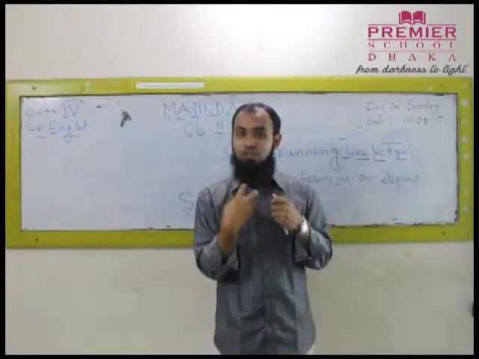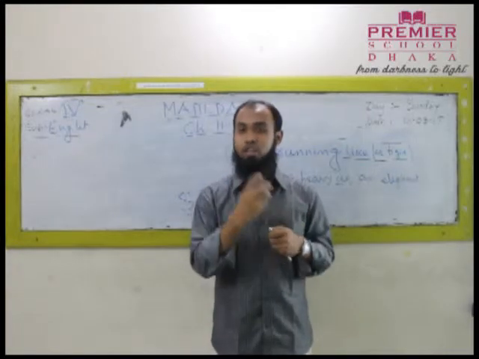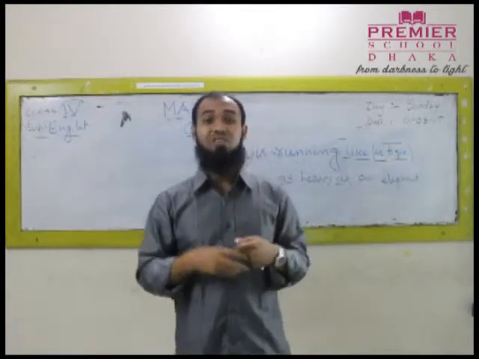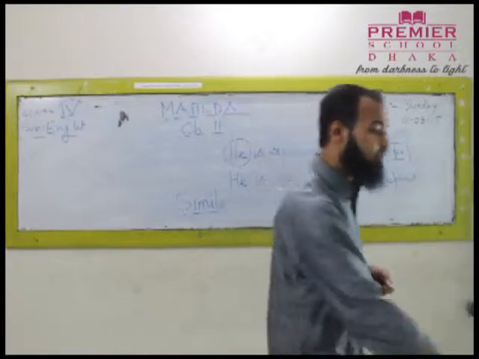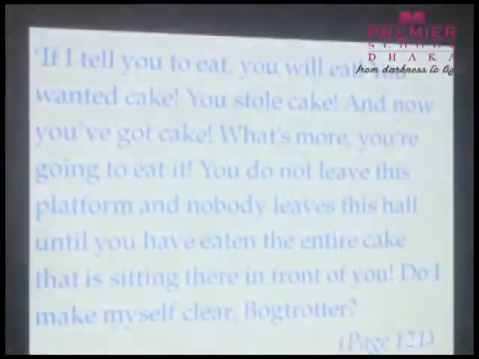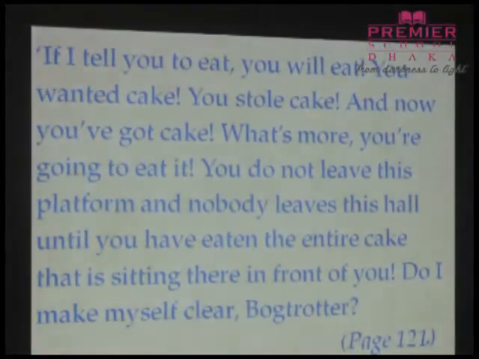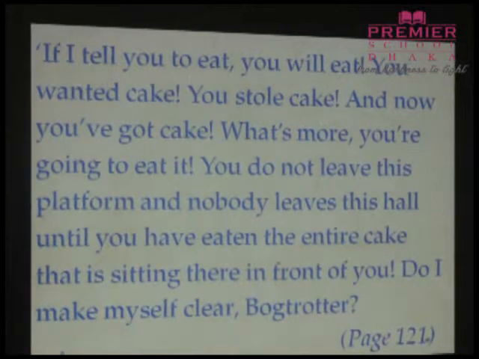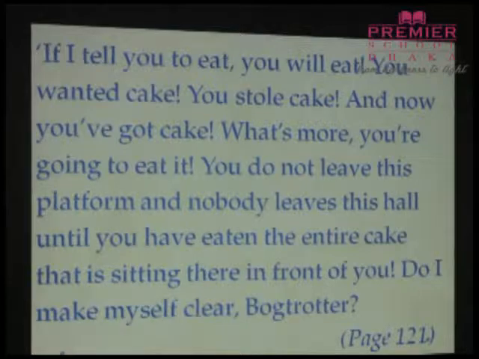From being a very soft and gentle voice, now she was yelling once again. She said, "If I tell you to eat, you will eat. You wanted cake, you stole cake, and now you've got cake. What's more, you're going to eat it. You do not leave this platform and nobody leaves this hall until you have eaten the entire cake that is sitting there in front of you. Do I make myself clear, Bogtrotter?"